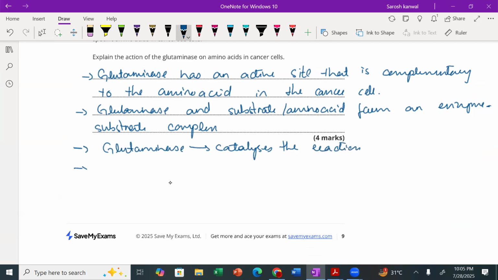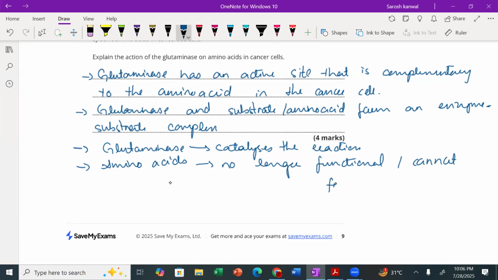And then we have the cancer cells. You can write that the amino acids are no longer functional, or you can say they cannot form proteins.